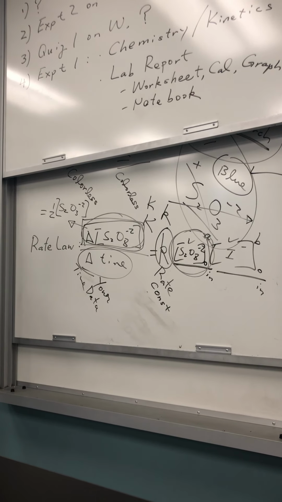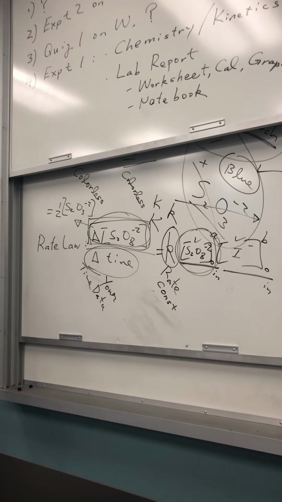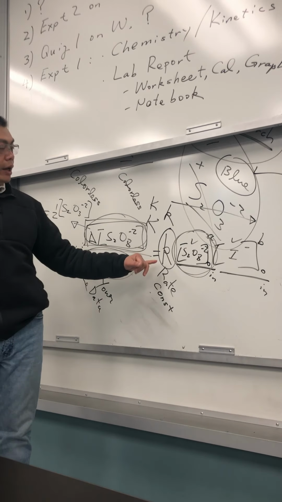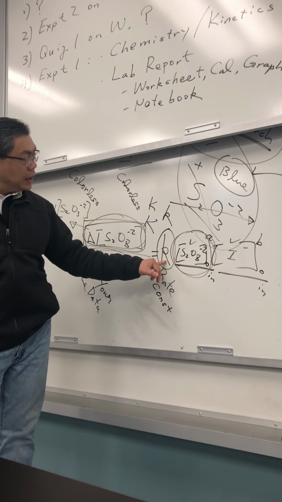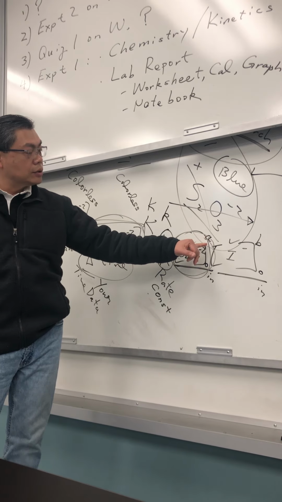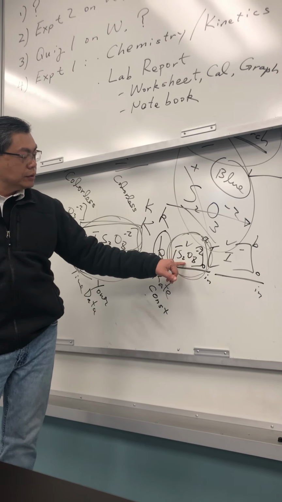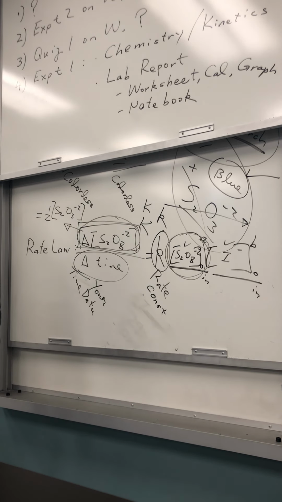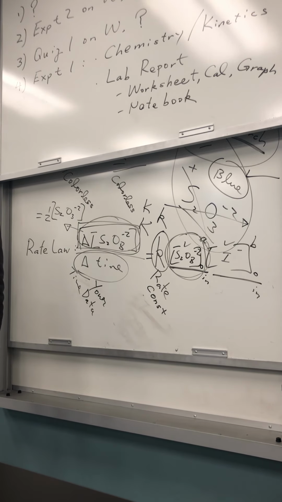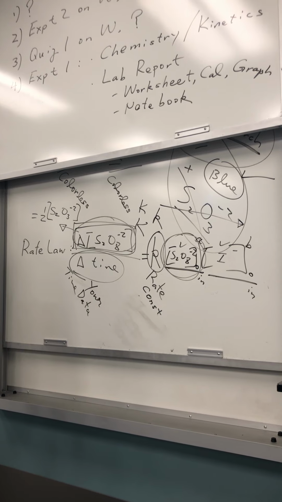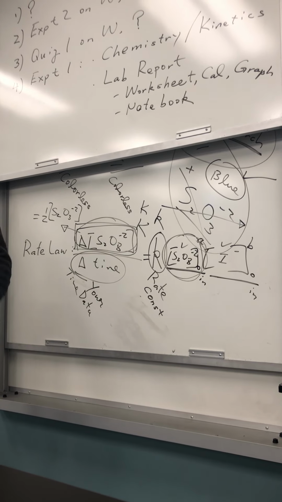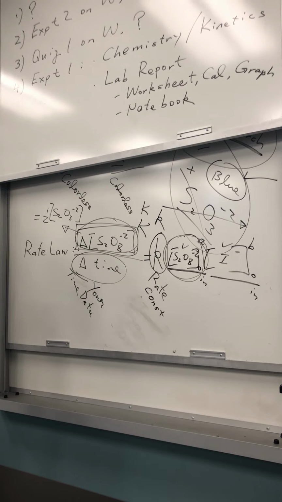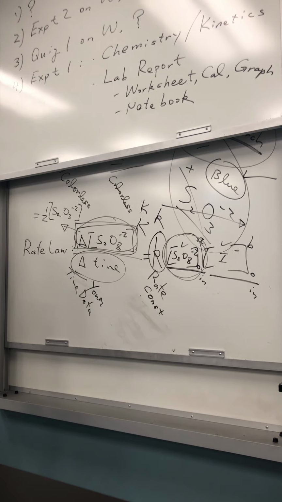But anyway, for this equation, we have 3 unknowns. So we have k, and then the reaction order with respect to peroxide disulfate and iodide. Can we solve the algebra? We cannot do that. So therefore we need what? 3 equations, 3 unknowns, right? That's the algebra.